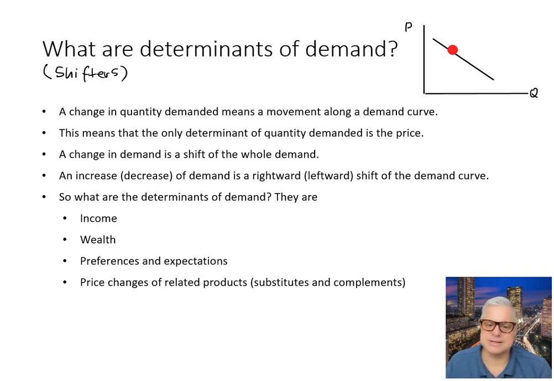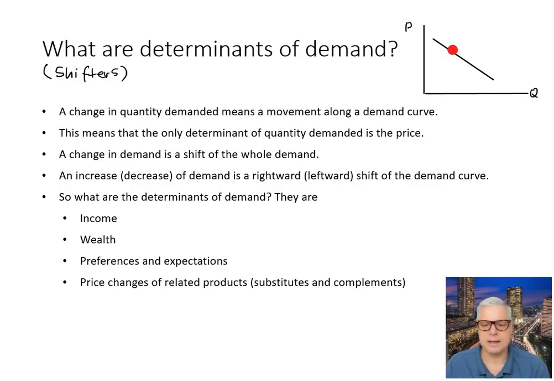This means that the only determinant of quantity demanded is the price. Technically, when you ask what's the demand at the price of 9, the answer should be that the quantity demanded at the price of 9 is 1 or 2 or whatever it is. And a change in demand shifts the whole demand curve.